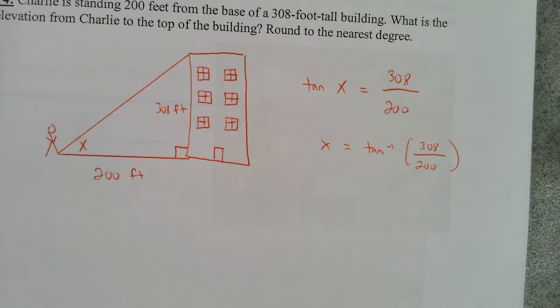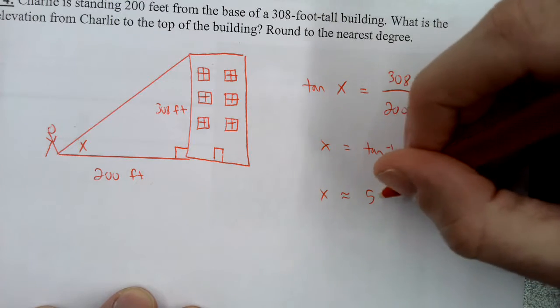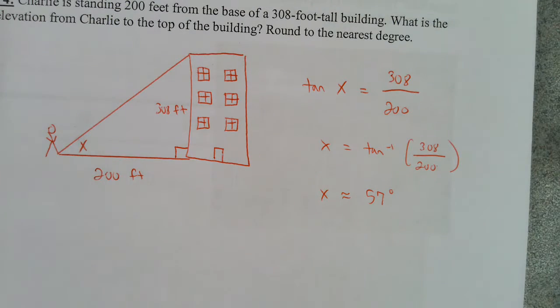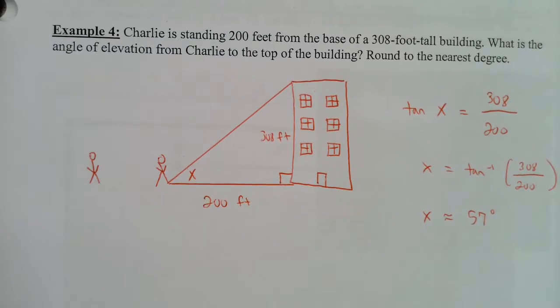Let's type that in the calculator. It says round to the nearest degree, so you should get approximately 57 degrees. Now let's put that in a sentence: the angle of elevation from Charlie to the top of the building is about 57 degrees.